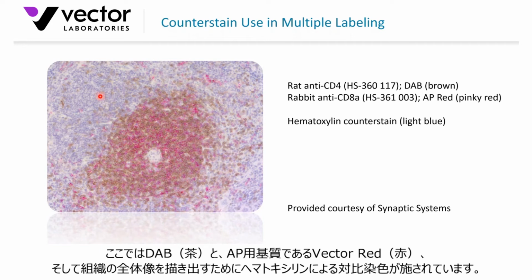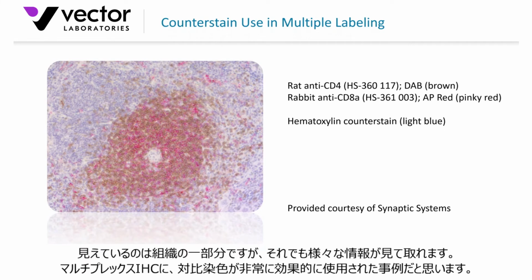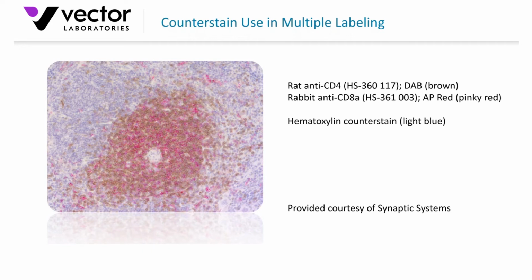And then the outer line, I should say, excuse me, hematoxylin counterstain, again contrasting with these. You can see a lot of different cellular architecture out here. This is just a snapshot of the tissue, but you can certainly see other structures beyond this. This shows you how you can appropriately apply a counterstain in a multiple label application.